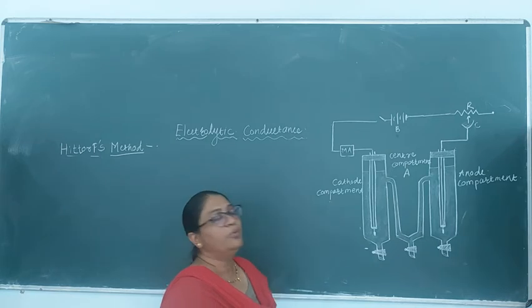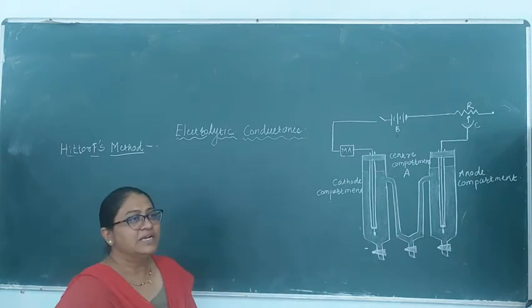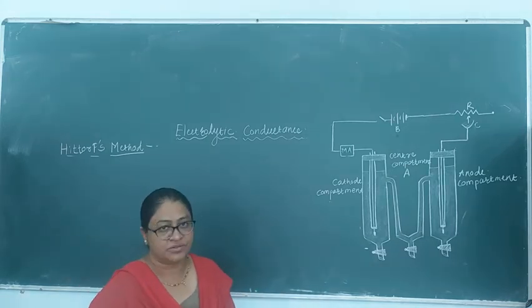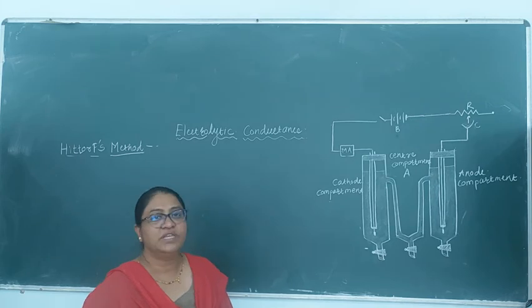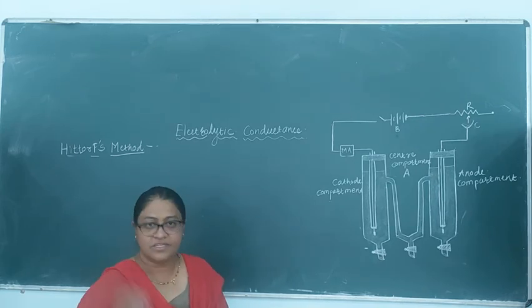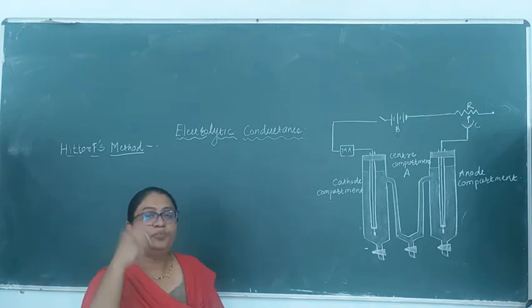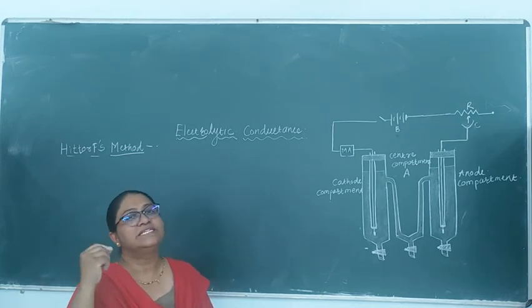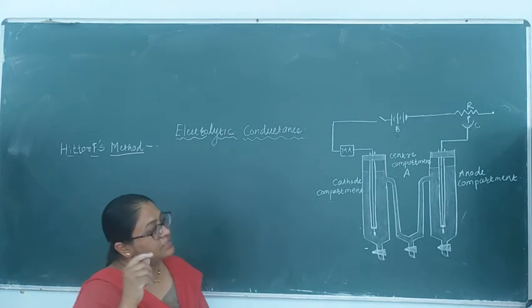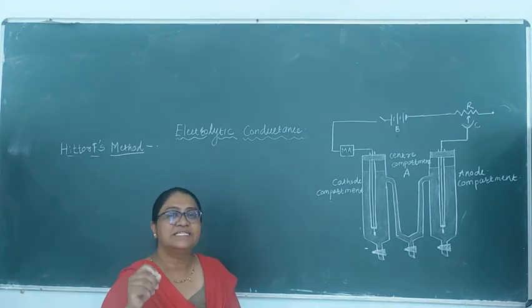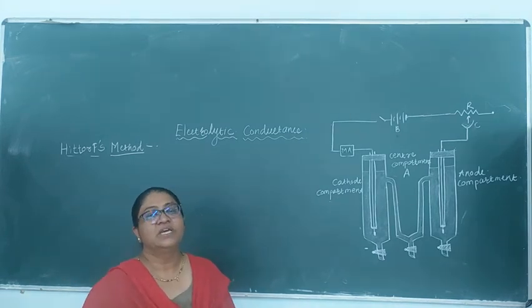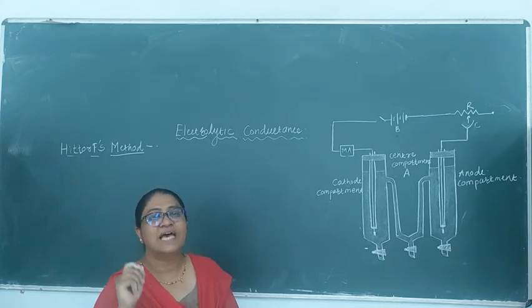The coulometer consists of a platinum dish, and in that platinum dish a purified silver nitrate solution is used, and a pure silver rod is dipped in it. The silver rod acts as the anode, while the platinum dish works as the cathode.